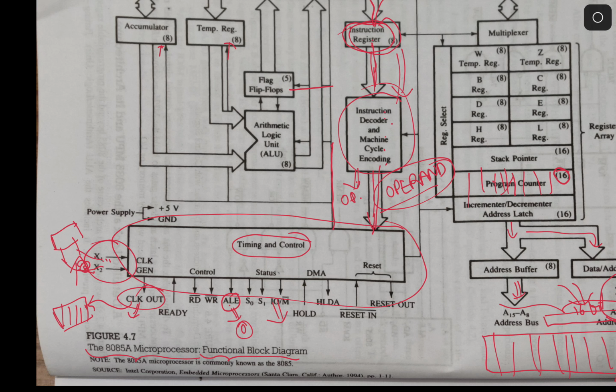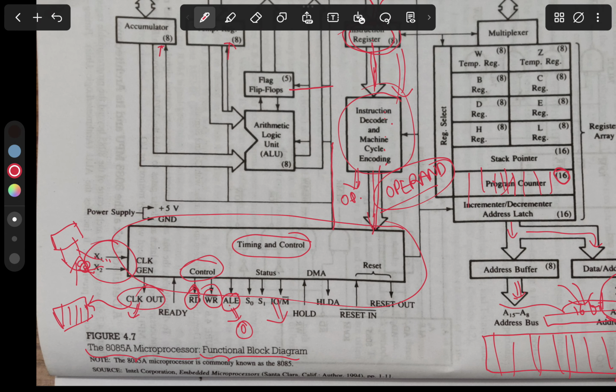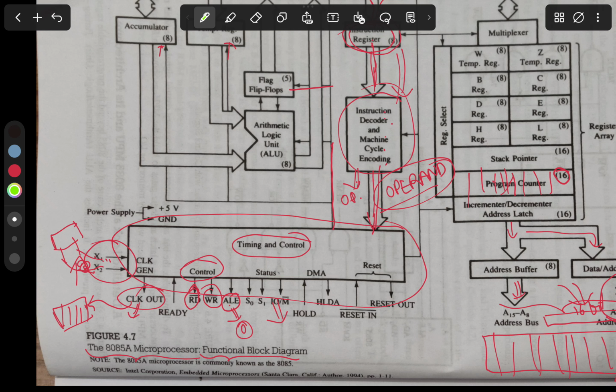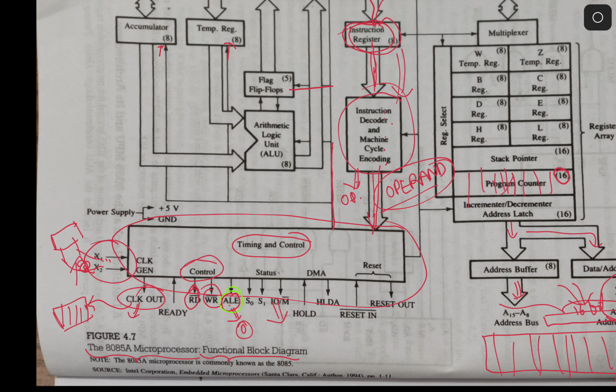And then we have control signals. Inside the control signal type, we have 4 signals: this read, this write, this ALE, and this IO or memory.